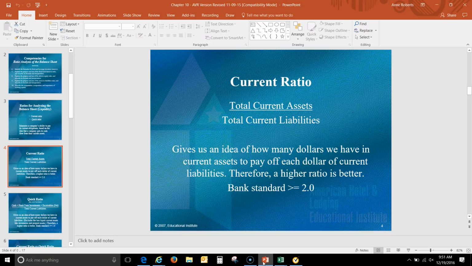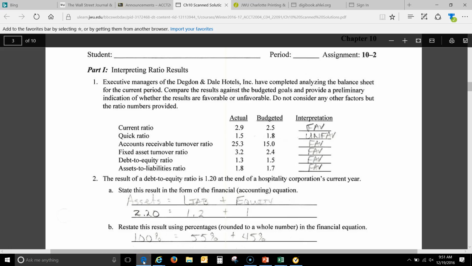So keep in mind, current ratio, higher is better. So if we go back to the current ratio, we had an actual of 2.9 and we budgeted 2.5. Is that a favorable or unfavorable variance?